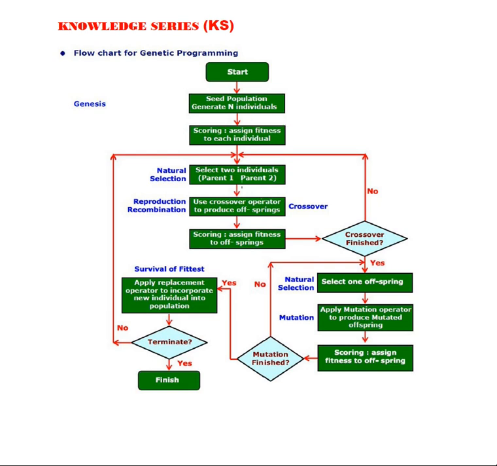From the fitness section, we select parent 1 and parent 2, that is two individuals or two chromosomes, which will mate and recombine to create new offspring. That is what we use the crossover operator for, to produce offspring.